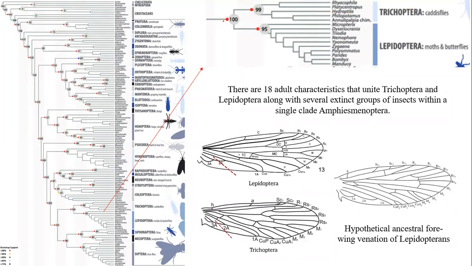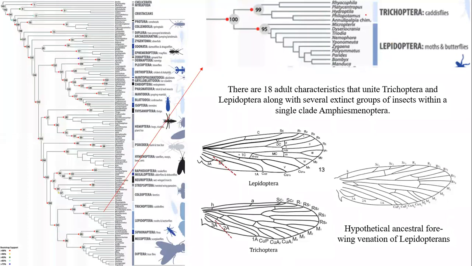Because of this ancestral relationship with caddisflies, most primitive moths and micromoths appear similar in posture, size, and shape to Trichopterans. So while dealing with micromoths, it's necessary to sort out Trichopterans and Lepidopterans.